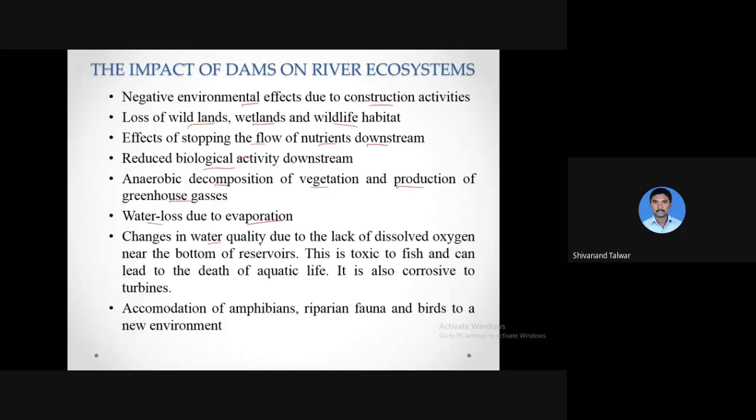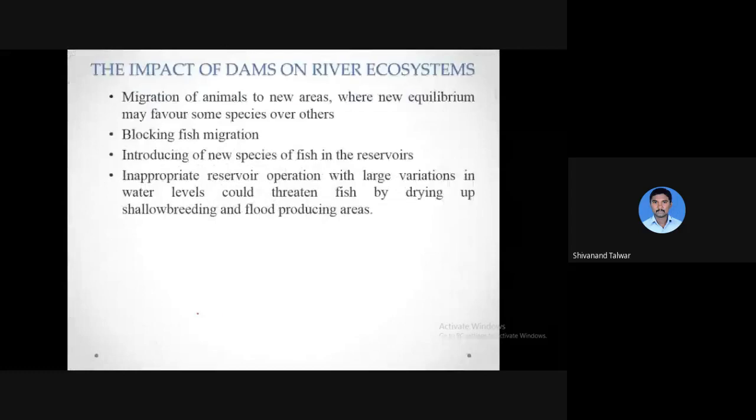There will be changes in water quality. Then accommodation of the amphibians, fauna and birds to new environment. The amphibians and birds that were staying here have to shift their location. The animals have to migrate. Migrations of the animals will be there to new area. Then blocking of the fish migration will be done.